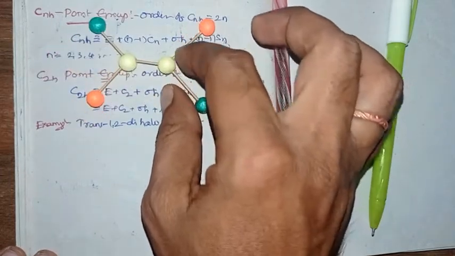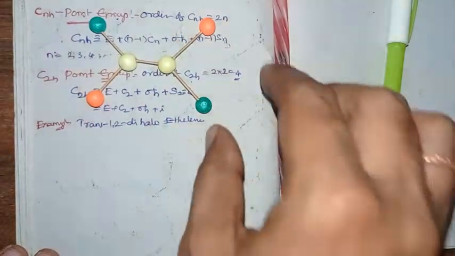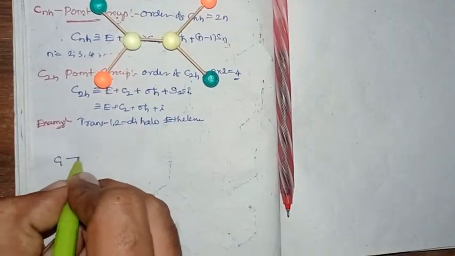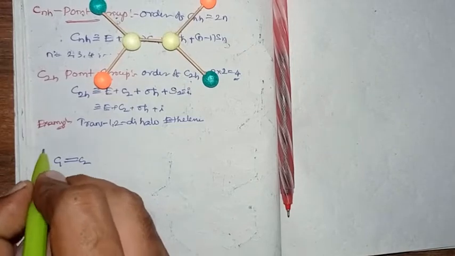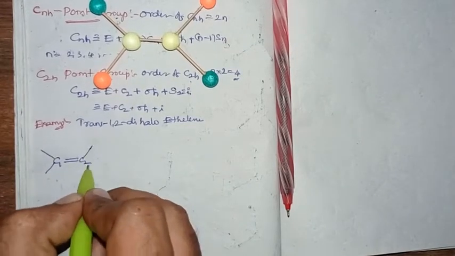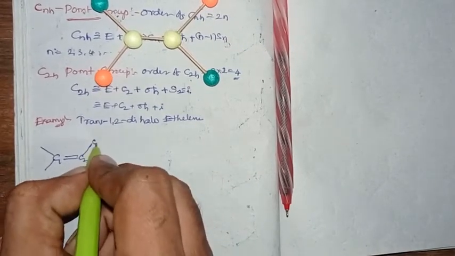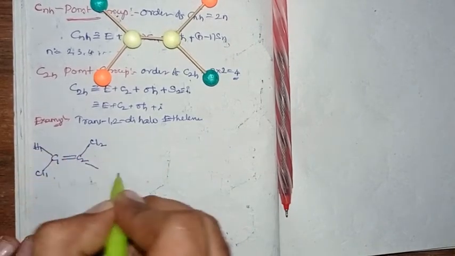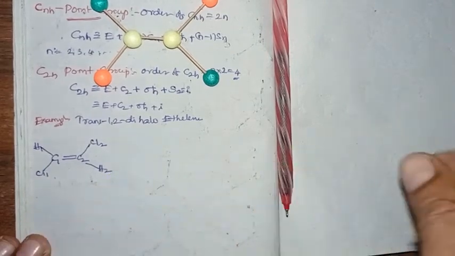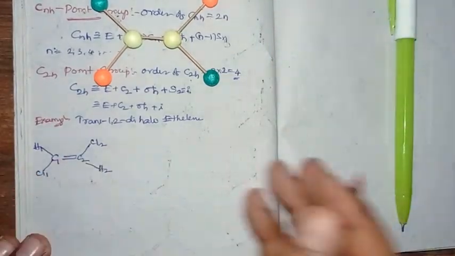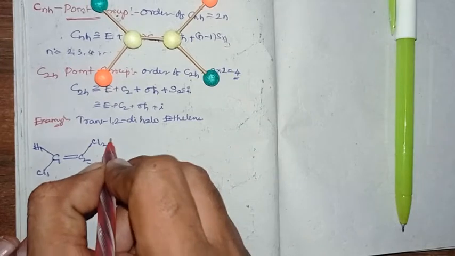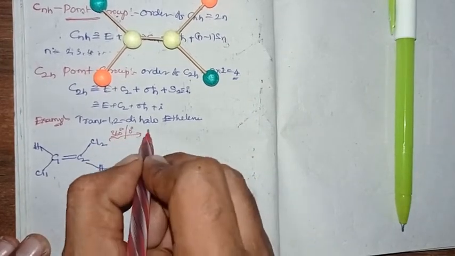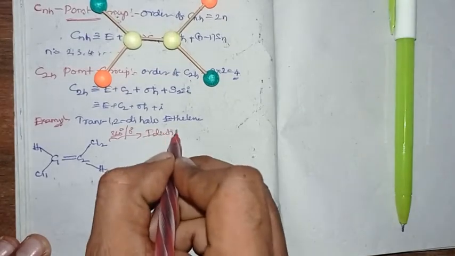Now in this particular molecule, carbon 1 and carbon 2, chlorine 2, chlorine 1, hydrogen 1 and hydrogen 2. It is a two-dimensional molecule, so a 360 degrees rotation generates an identical configuration.